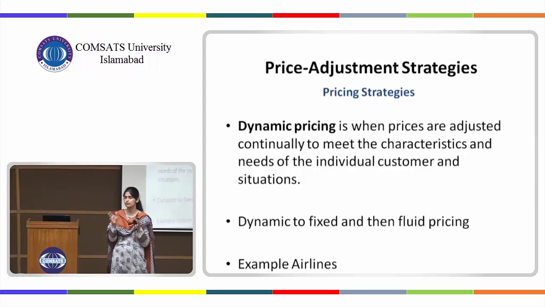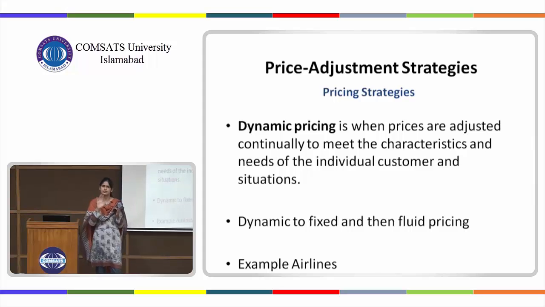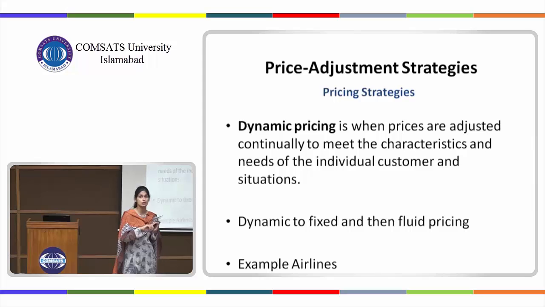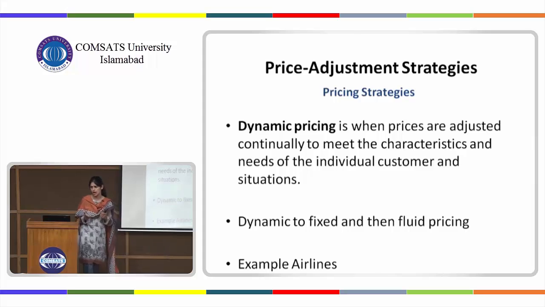So if you have to travel from Toronto to, let's say, Islamabad, taking a flight of PIA, the usual price is around $1,200, $1,300. But at Christmas, the price is around $2,500, which is almost double. So this is how price changes with changing season, with changing demand, with changing situation.